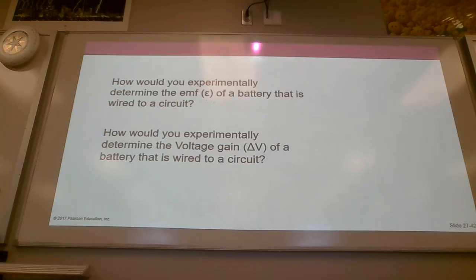Delta V is the difference from one end of the battery to the other. It depends on whether or not it's being used. There's also internal resistance inside the battery. But what's the EMF? EMF is the actual value of what the battery is, neglecting the internals, like the internal resistance.